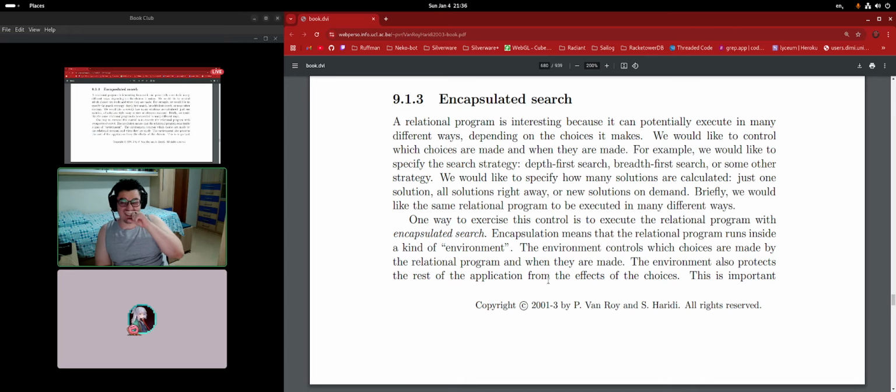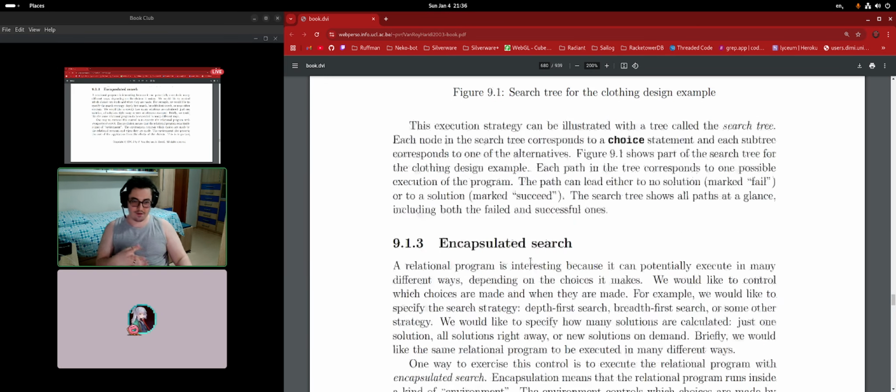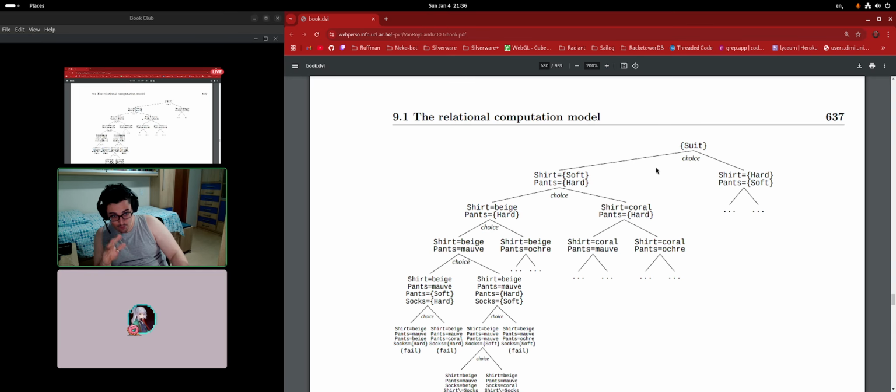So I like to think about it as a closure. You have each choice, and let's put it like this: you want to run each one of these subtrees in a separate thread, but you know that in order for them to proceed, they need to do binds. They need to make assumptions to keep proceeding on the search. If you don't protect each subtree from each other, that would be very hellish, because one thread would be interfering with the bind of another thread, and everything would go wrong.